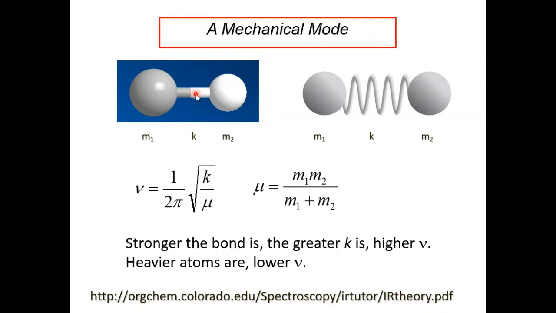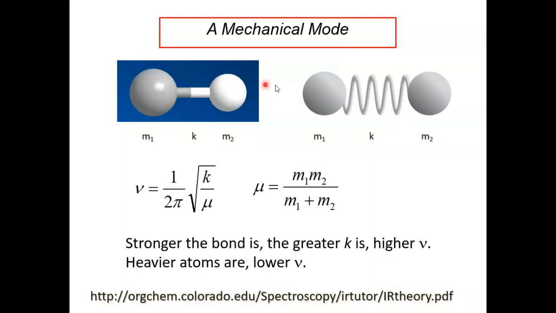The bond strength can be represented by a constant called K. The stronger the bond is, the greater the K will be. And M1, M2 is straightforward: the heavier the atoms are, the greater the M1, M2 will be.